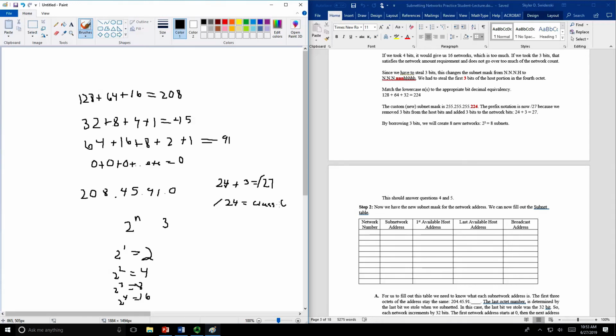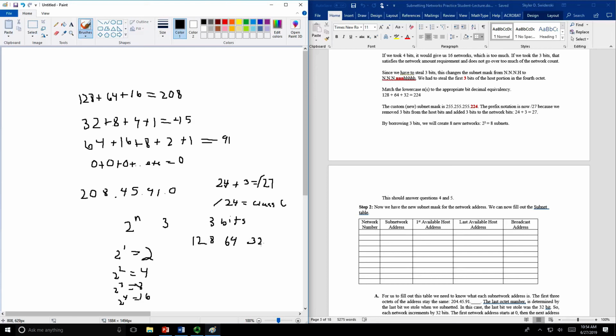But now, how do we determine what the decimal subnet mask is? Well, in order to determine that, we need to take a look at the number of bits that we're taking. In this case, we had to take 3 bits, which, again, were 128, 64, and 32.